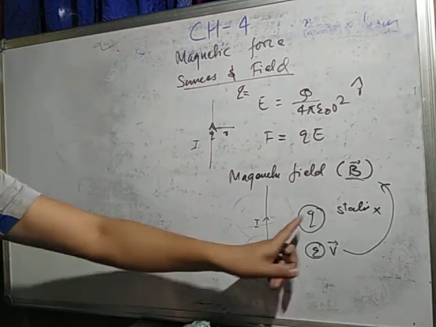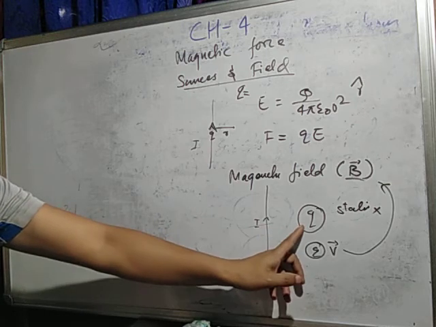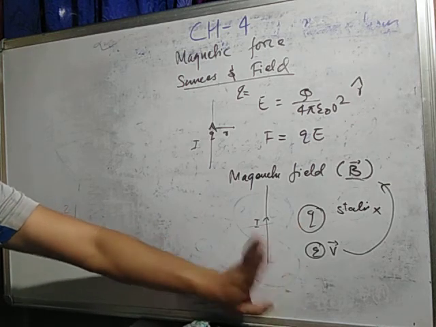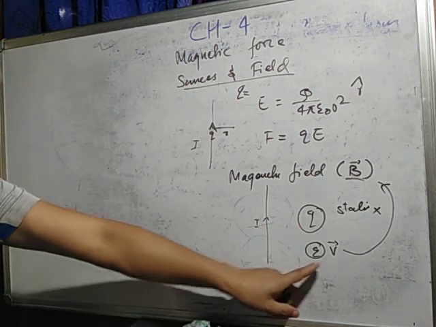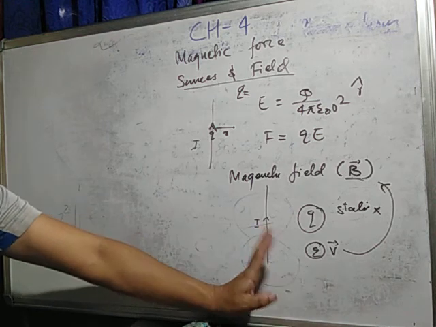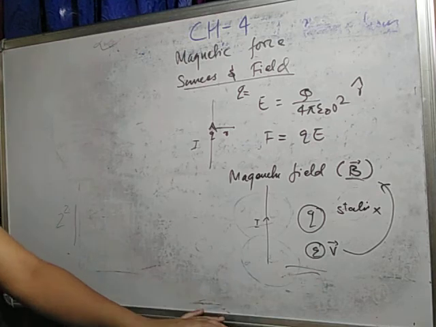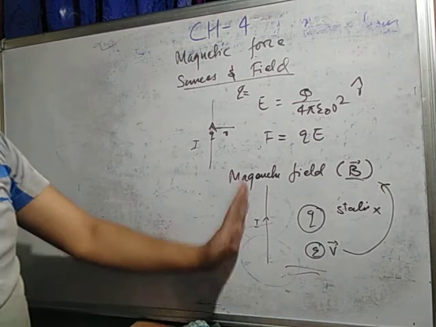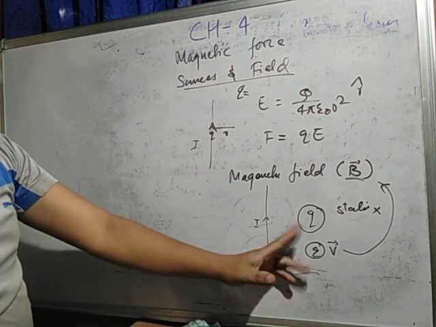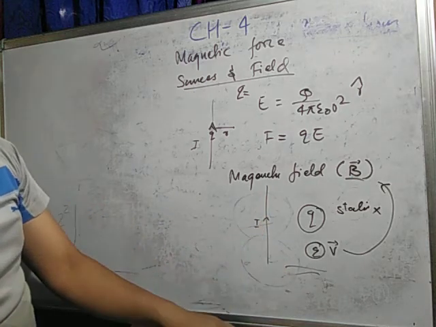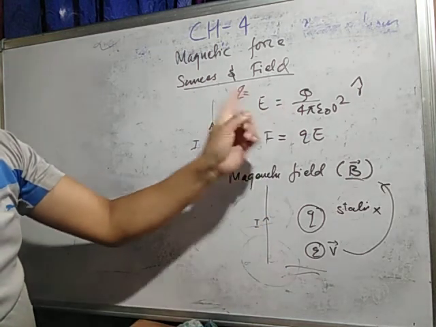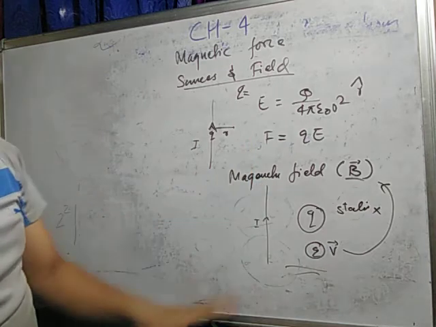You must understand this. So magnetic field is due to motion of charge and current. Electric field is due to static charge.